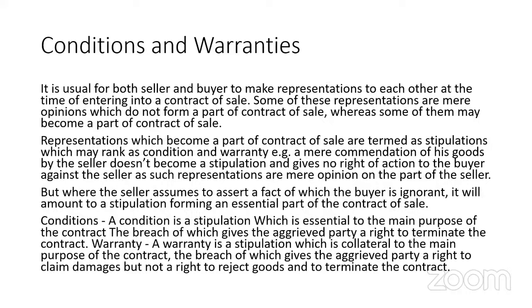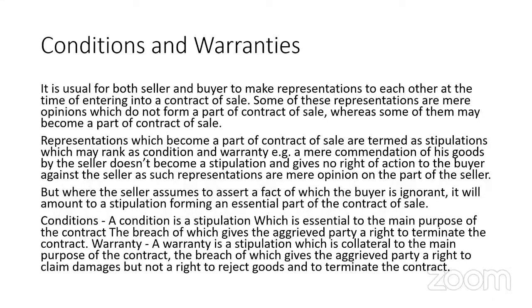So, conditions and warranties. What are conditions and warranties? Conditions and warranties are the representations that parties make to each other at the time of entering into a contract of sale. Like, my house is very good, best quality cement was used here. This was constructed in the year 1990. This is built on an area of 200 square yards. These are all representations.